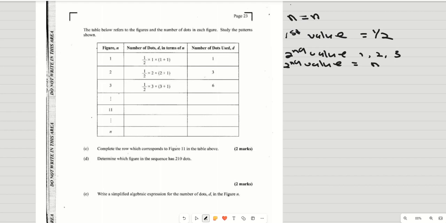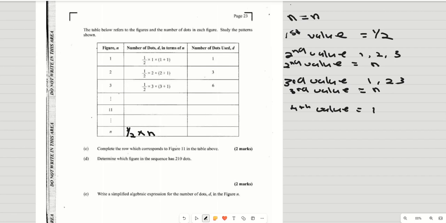Your third set of values was again 1, 2, 3, so your third values are equal to n, your figure number. And your fourth set of values is 1, a constant. So when I write my formula, I will use this. It will be a half multiplied by my figure number n, multiplied by open bracket n plus 1. And that would be the formula for this.